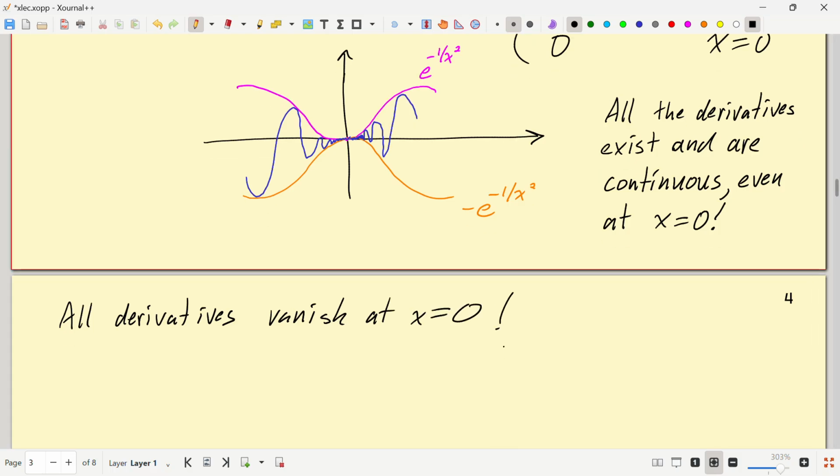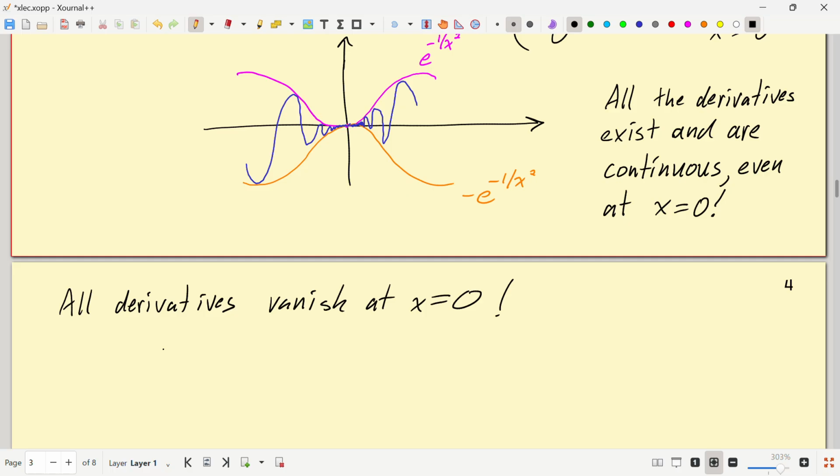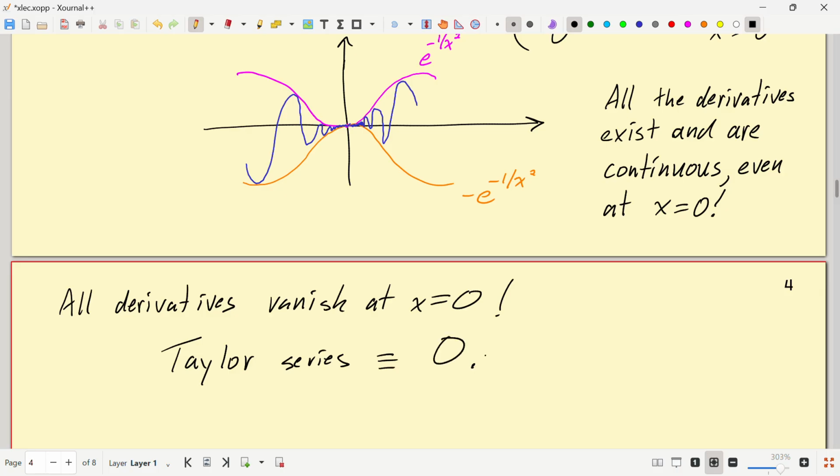So the Taylor series would be the 0 series. So the Taylor series is a big fat 0, but the function isn't identically 0. So it's not equal to its Taylor series.